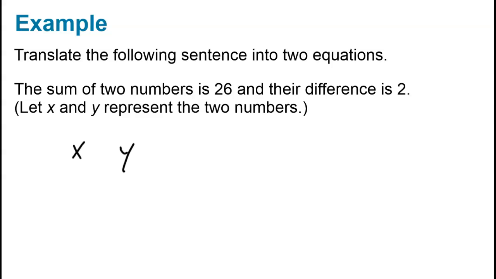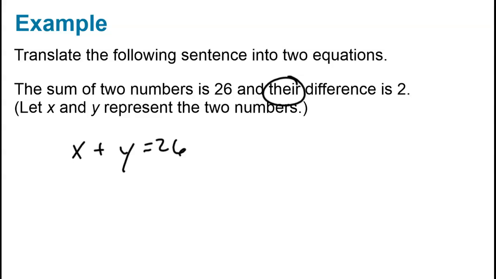And it says the sum of two numbers, so we know that the sum is an addition, and that it's going to be 26. And we also know that there is a difference, as it says, and their difference. So make sure you read that.